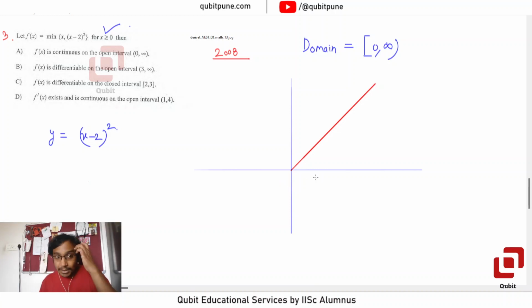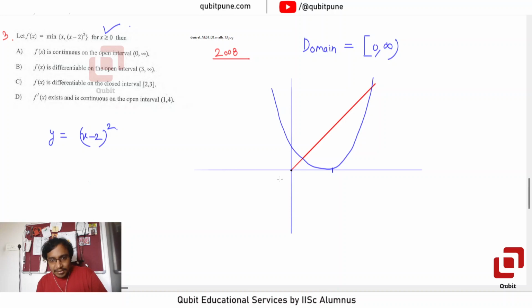Look, x squared looks like this, isn't it? So x minus 2 squared will have its minimum at 2. It will have its minimum somewhere here, so it's going to look like this. Somewhere there they will meet. So what do you realize now?